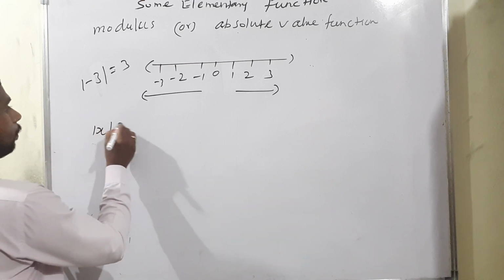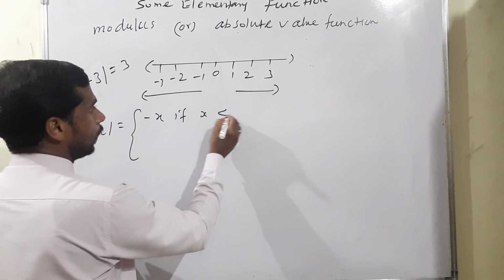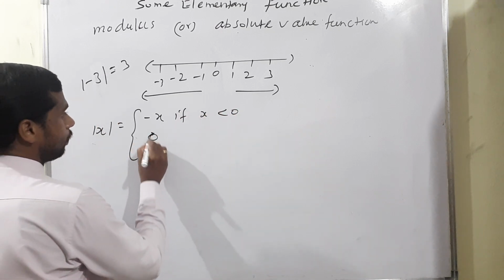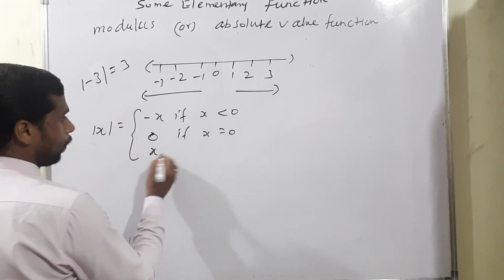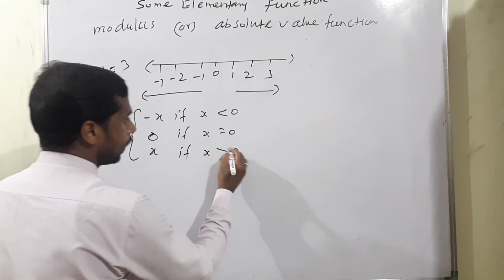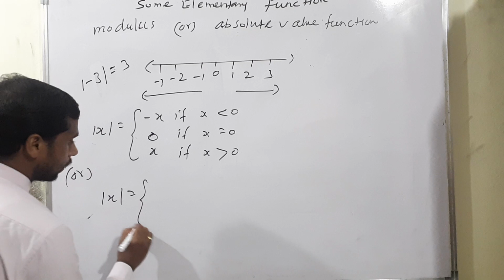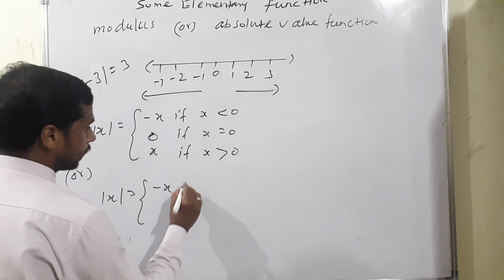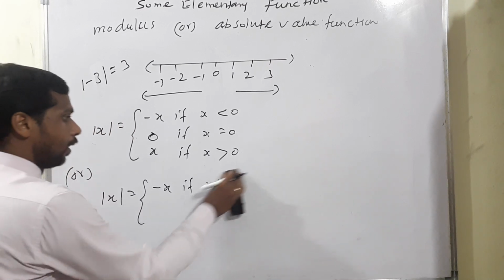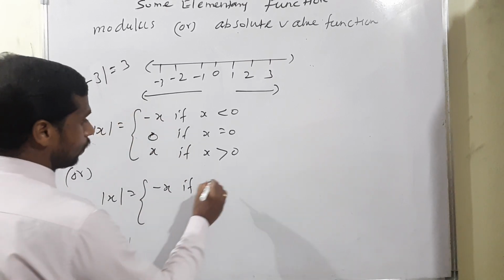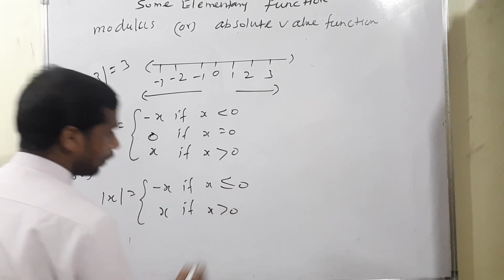For example, modulus x, we can write it as minus x if x is less than 0. At the same time, 0 if x is equal to 0, and positive x if x is greater than 0. Or the same function we can write: modulus x is equal to minus x if x is less than or equal to 0, and positive x if x is greater than 0.